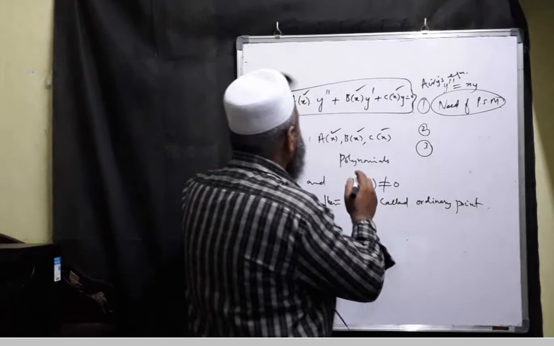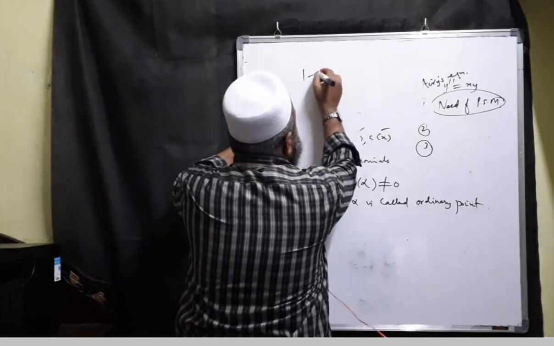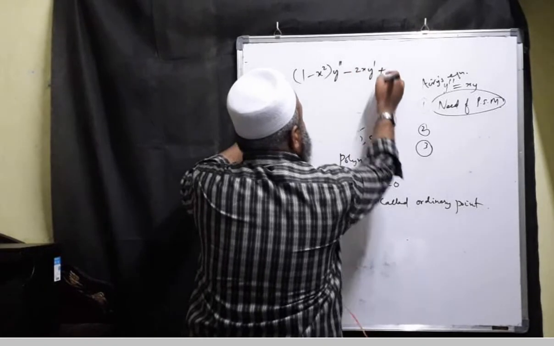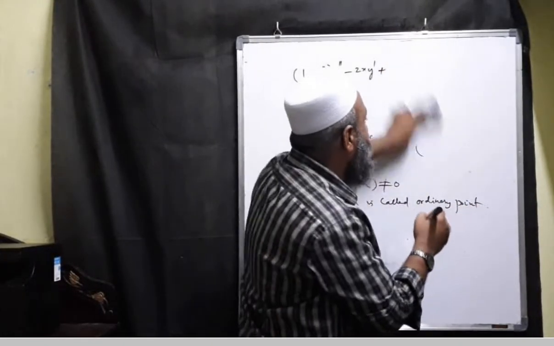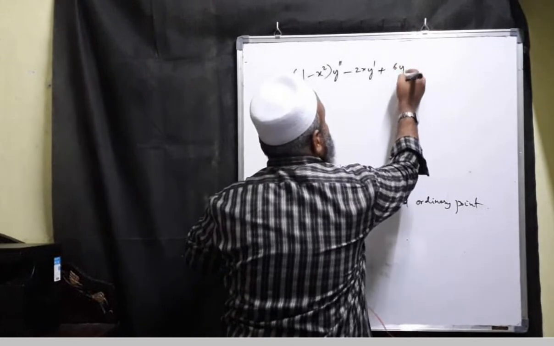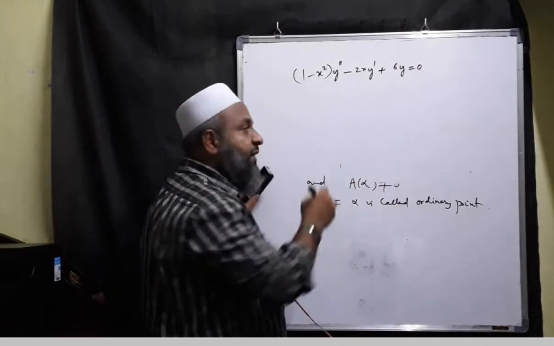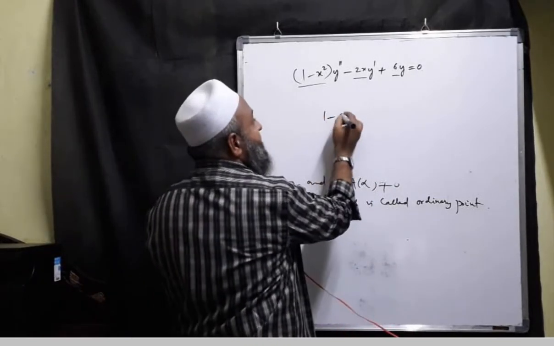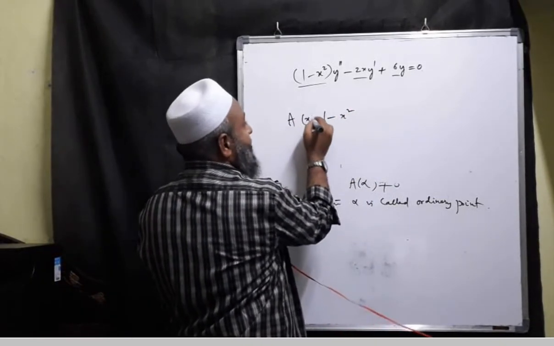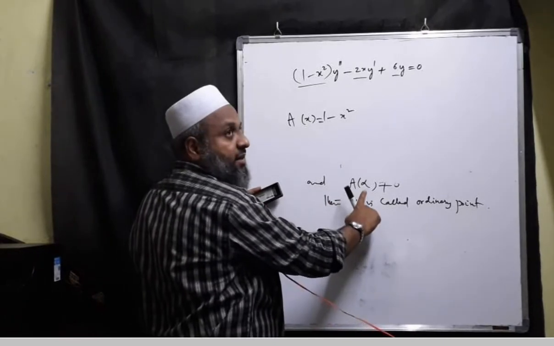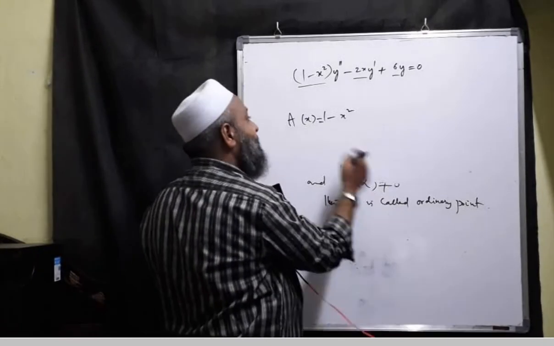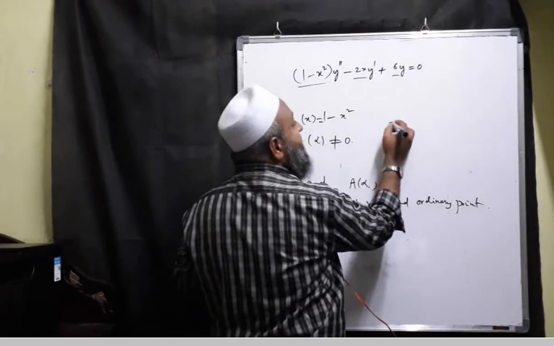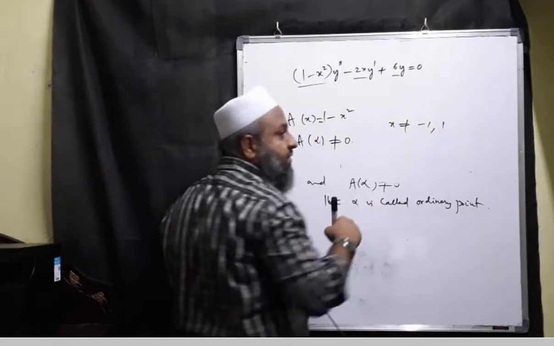Let me give a very simple example. Suppose I have (1 minus x square) y double dash minus 2x y dash plus 6y equal to 0. Then these three are polynomials, but the point is 1 minus x square, which is a(x). A(α) not equal to 0 means x is not equal to minus 1 and plus 1.